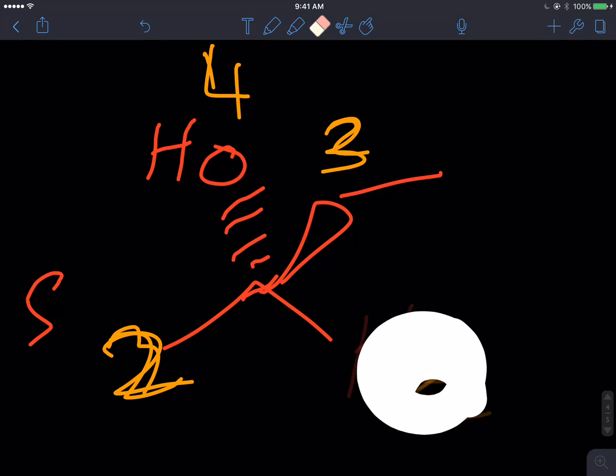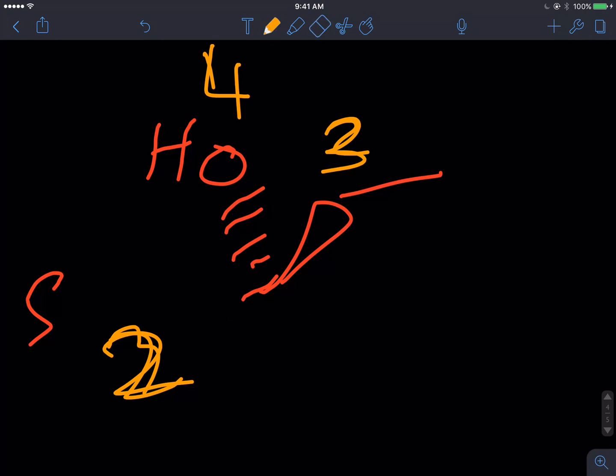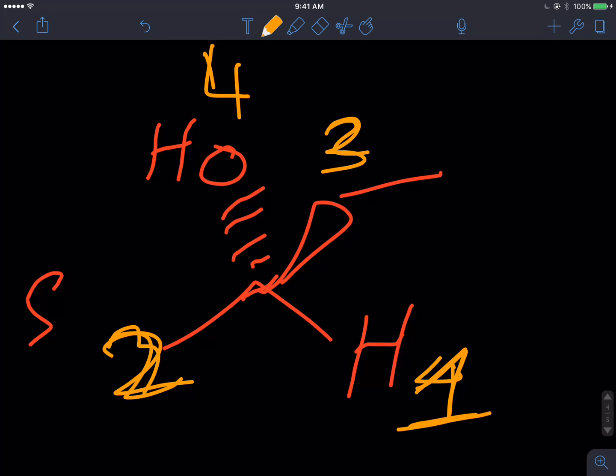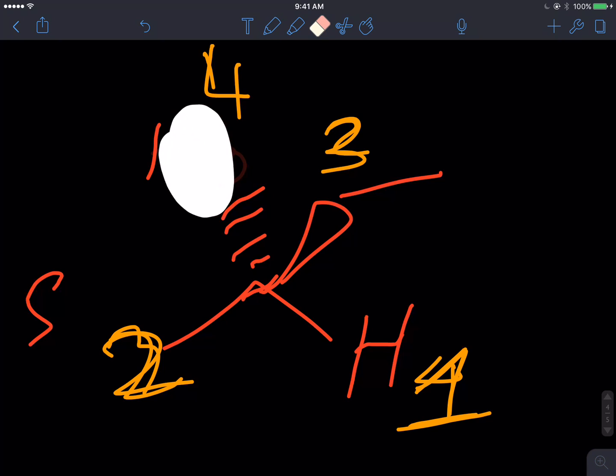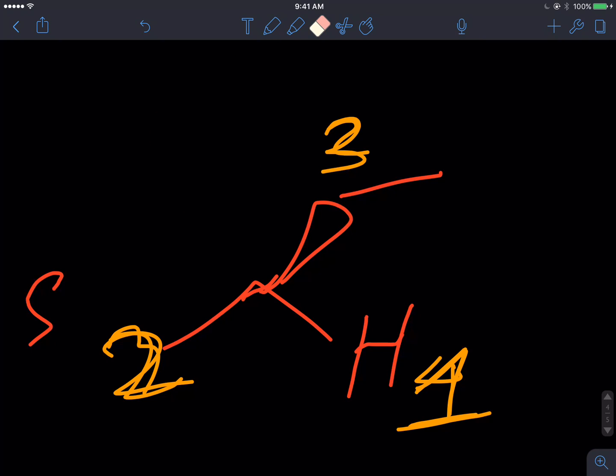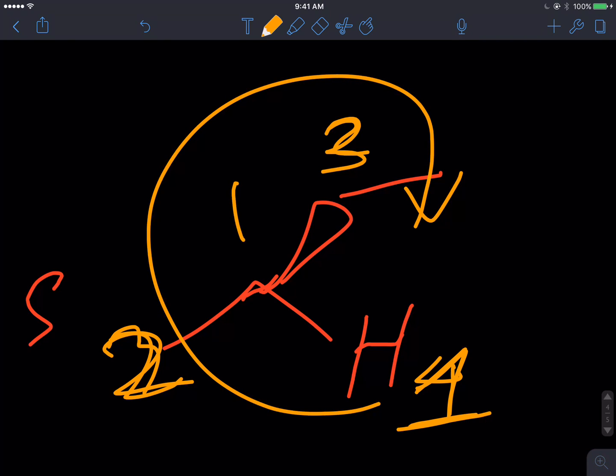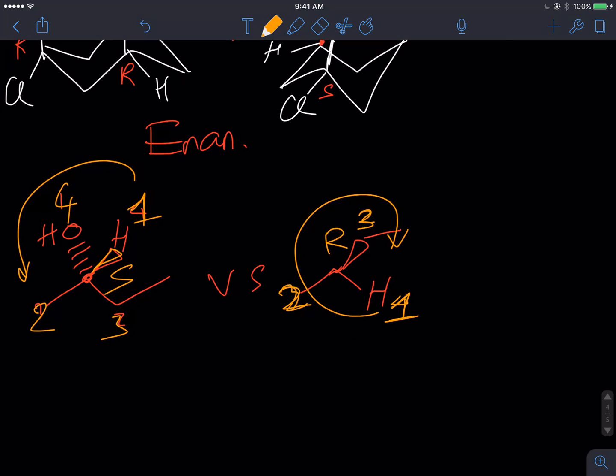Now forget number 4, which is right here. So now it is 1, 2, 3. So it's an R. So when R is compared with S, they are enantiomers.